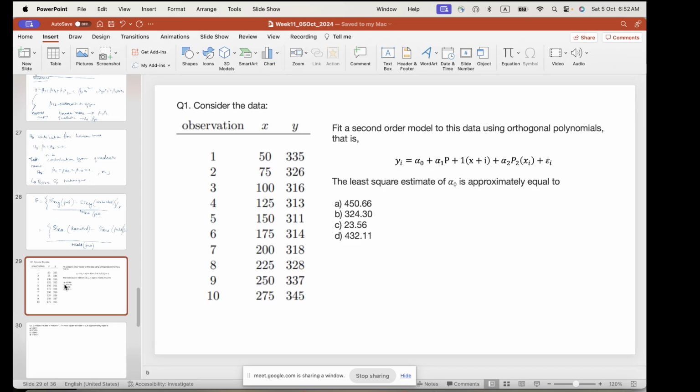Here the question is to fit a second order model to this data using orthogonal polynomials.